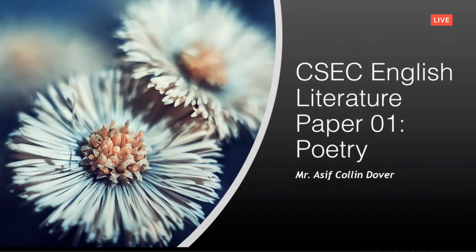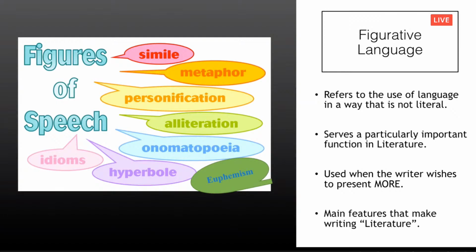Now today, it's going to be a continuation of the lesson that we did the last time when we looked at figurative devices. Today's lesson will be quite short because I've got one more device to look at with you. On your screen, you're seeing the devices that we did the last time, plus the one that we're still supposed to do.